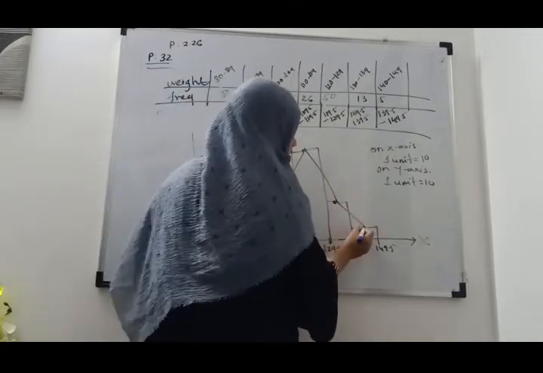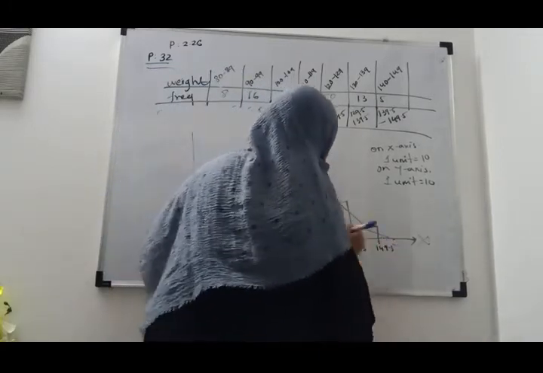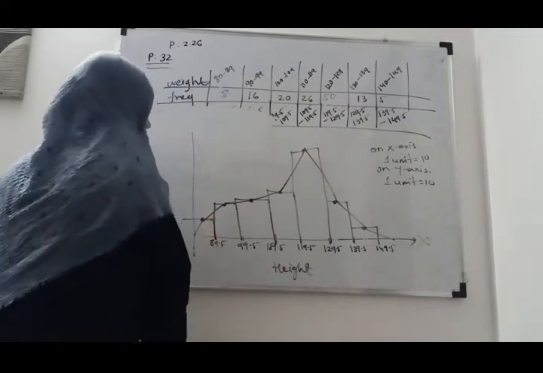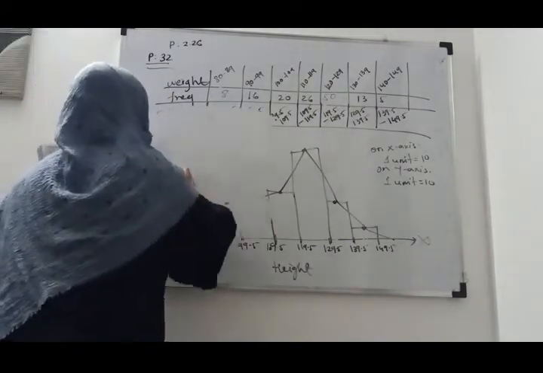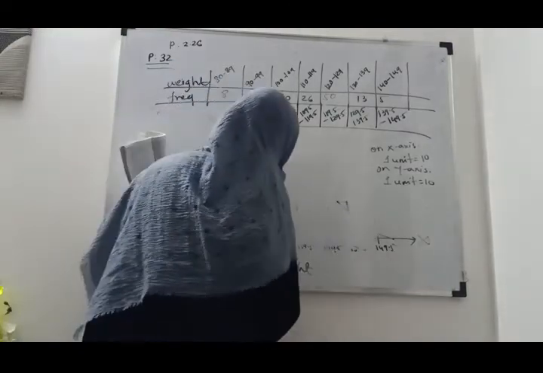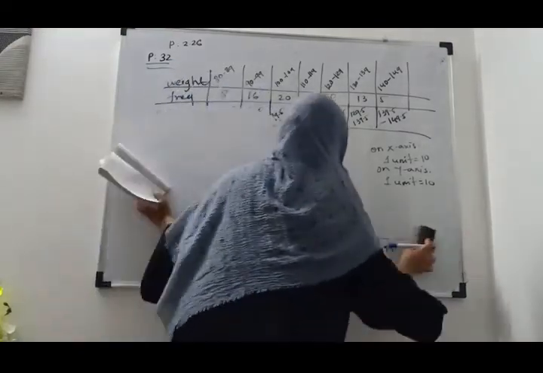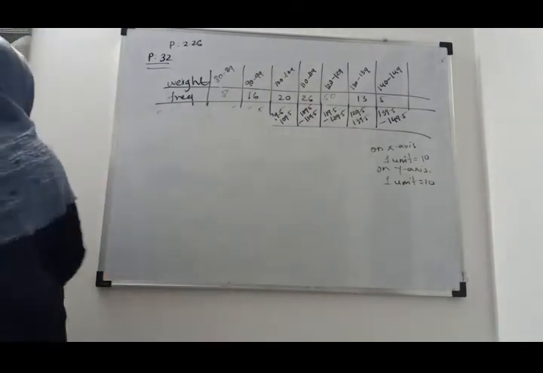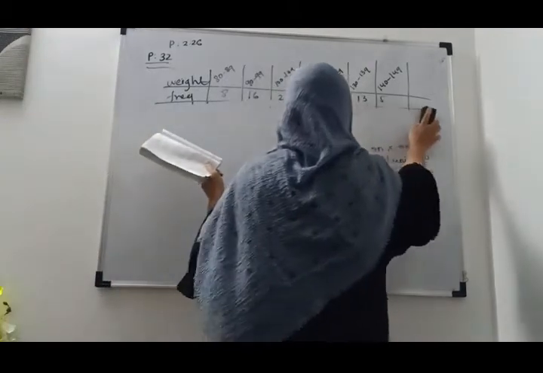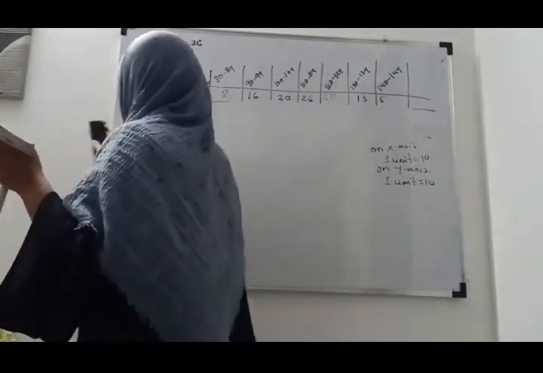Now to make this closed we will take the preceding and succeeding class. So to make the frequency polygon we need midpoints.